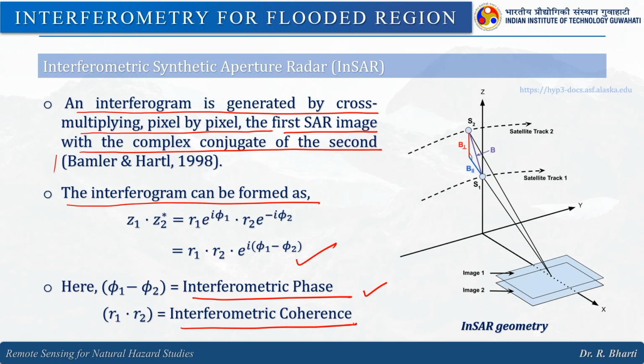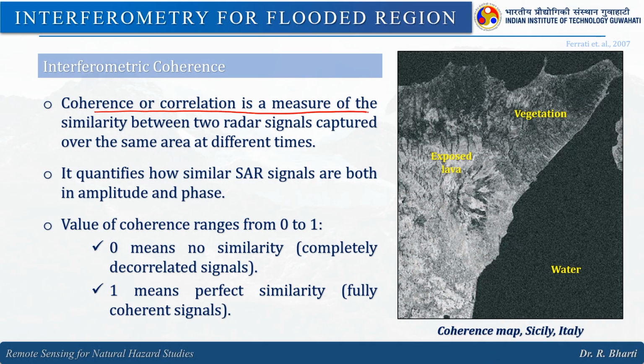I hope you remember the microwave remote sensing lectures. Then you will be able to utilize those concepts here. Coherence or correlation is a measure of the similarity between two radar signals captured over the same area at different times, right.